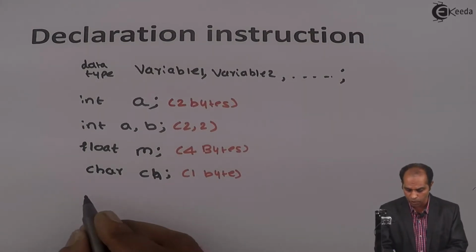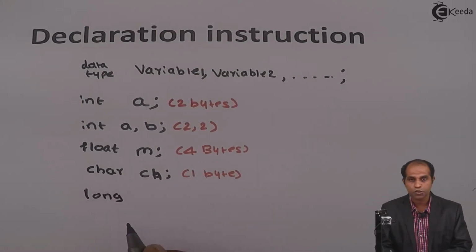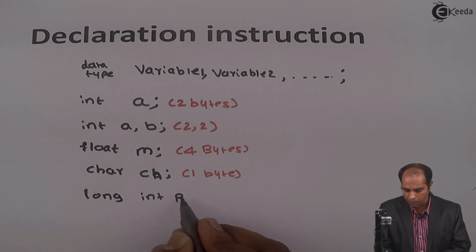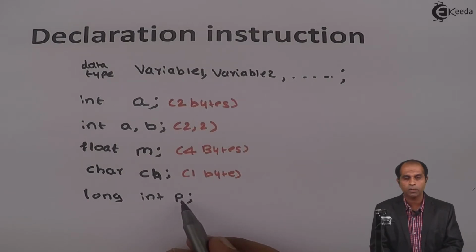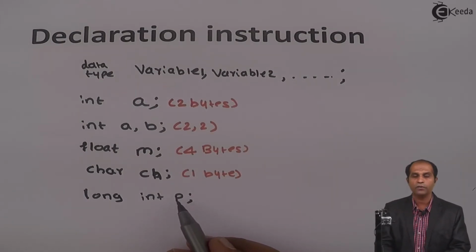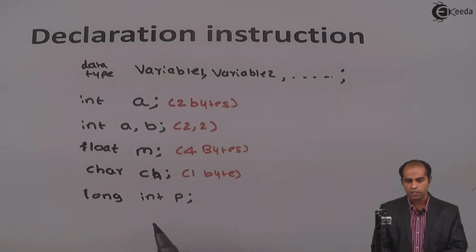We can use this data modifier in this fashion. I'll say long space int space say p. Now the long modifier says that this particular p is going to be identified as a variable of type long integer, which means that we can store very large values.